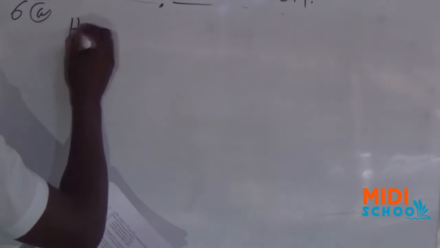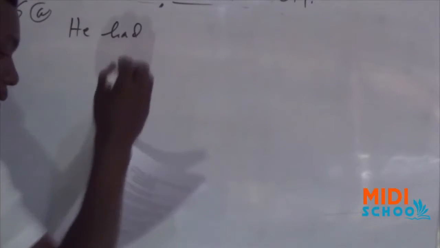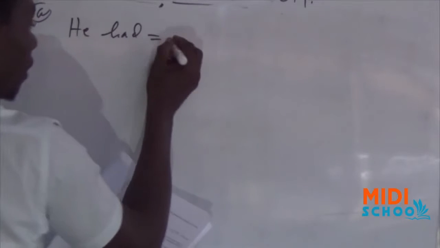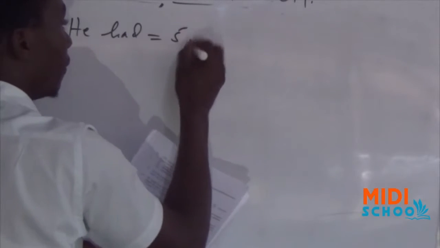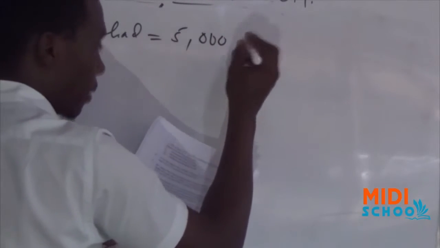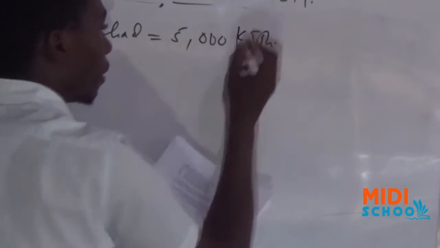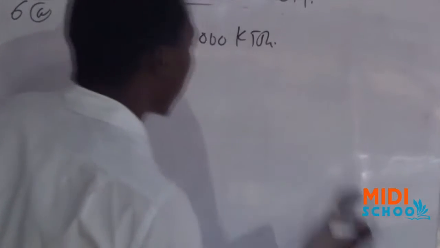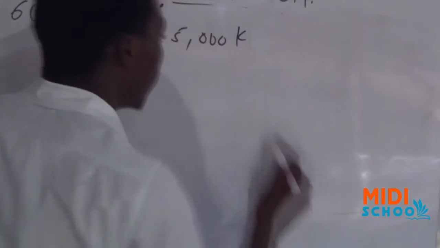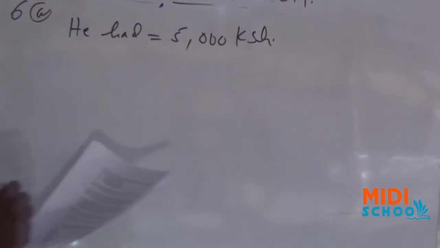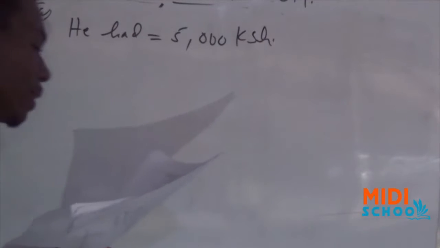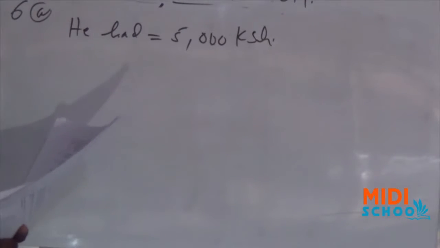So we are told that Mr. Ogango from Kenya visited Tanzania. He had 5,000 Kenyan shillings, and he wanted to change the money into US dollars.